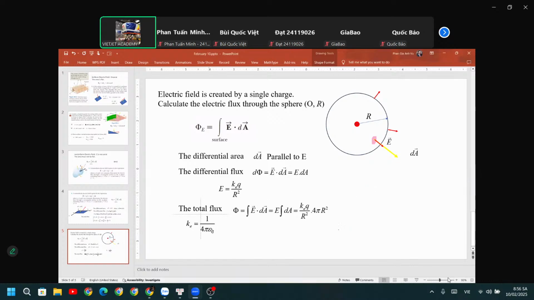With the value of K like this, then you get phi. What do you get for phi? Now, the total flux is equal to Q over epsilon 0.